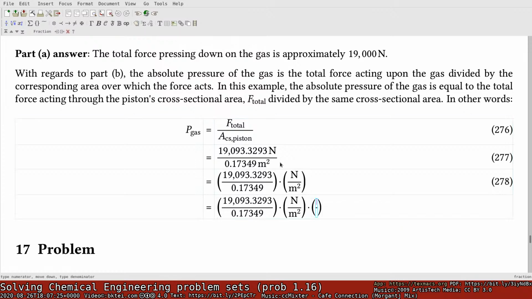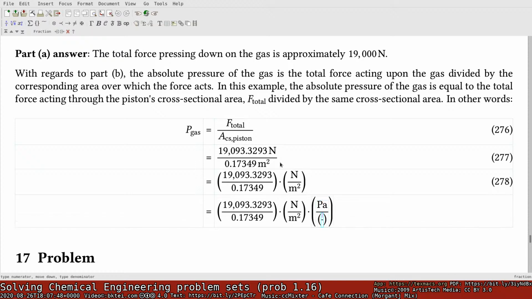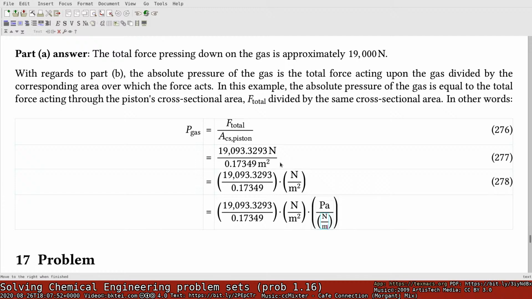The conversion factor is going to be the same one we used, which is for every Newton. Actually, we're going to go to pascals, don't we? Yeah. So every pascal, we have a Newton per meter squared.